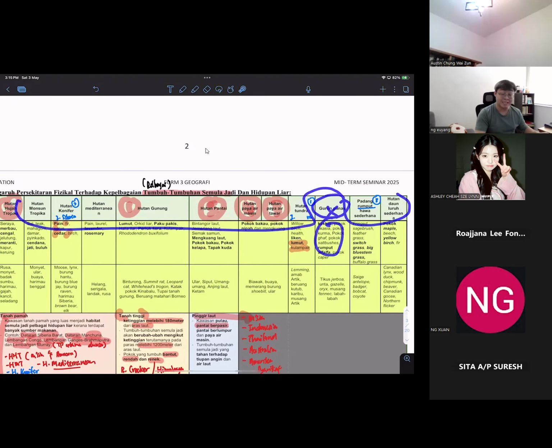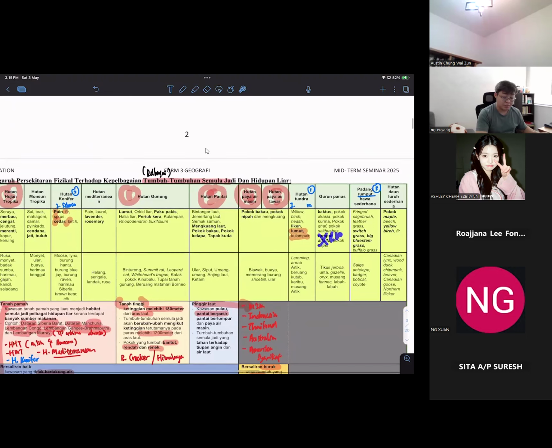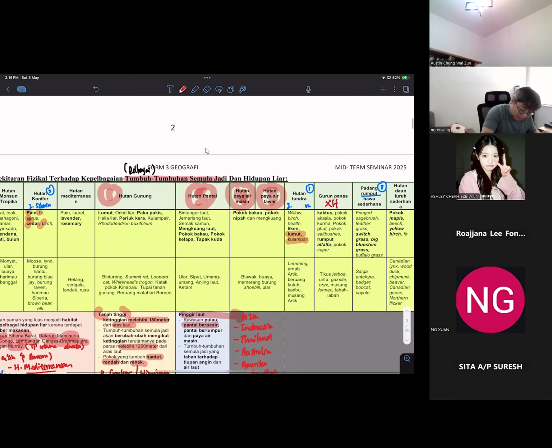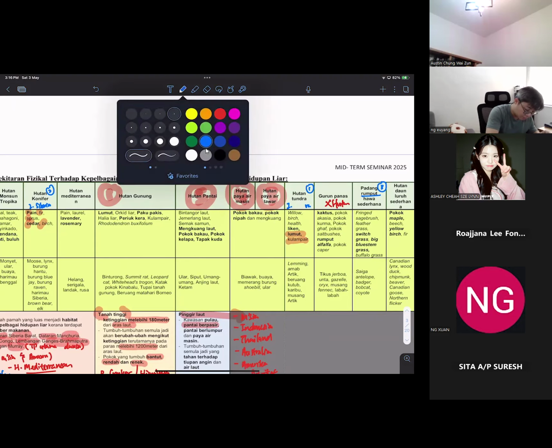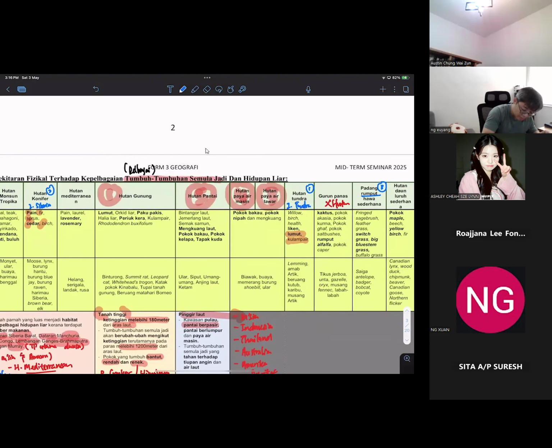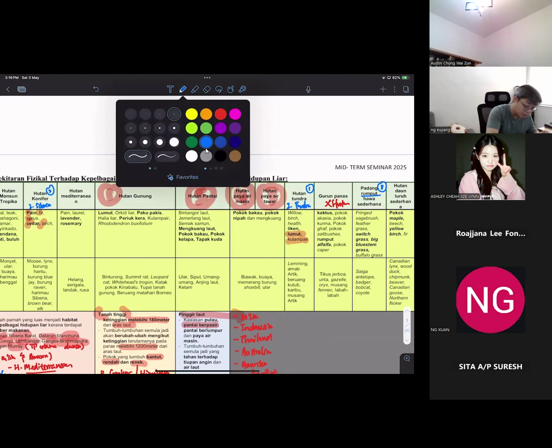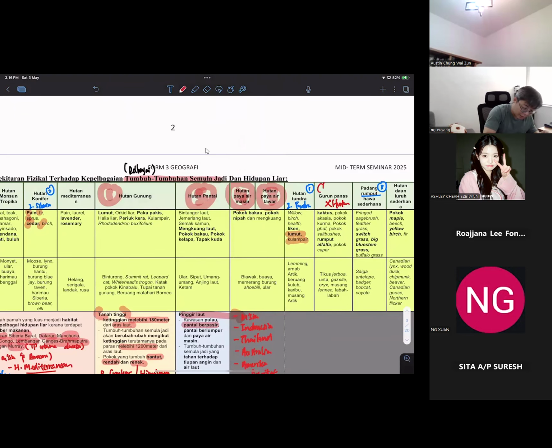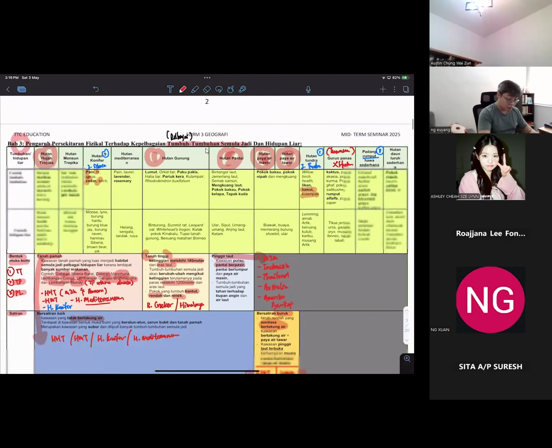Because tumbuh-tumbuhan yang jarang, known as xerophytes, find it harder to survive within the desert, Gurun Panas. Remember, there's no hutan within your Gurun Panas. Okay, pokoknya tundra. So this is known as your kawasan, kawasan Gurun Panas. Done.